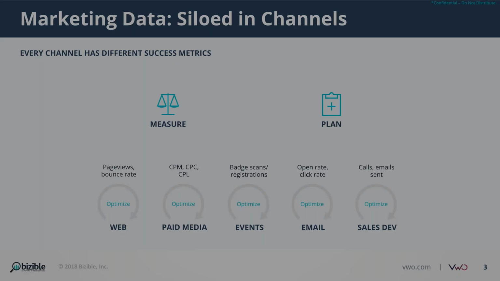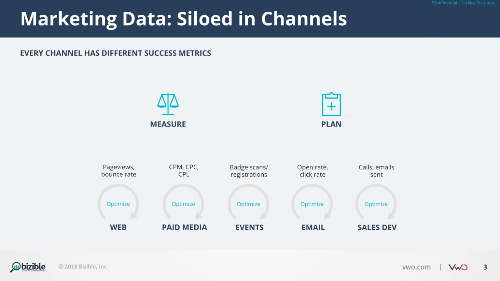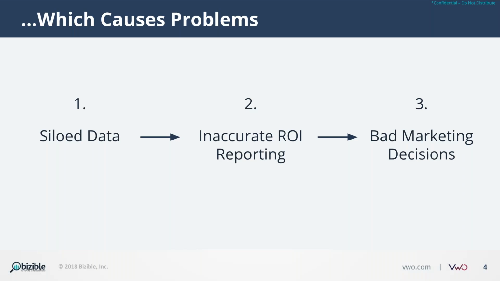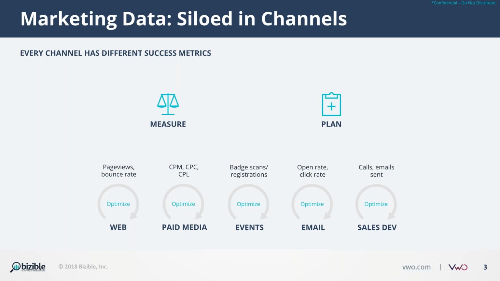So again, the major challenge that many marketers face when it comes to measurement is that data is siloed at the channel level, as you can see here. Focusing on engagement without measurement and planning leads to siloed data. Every channel has its own success metrics that may or may not be aligned with each other or the broader business.